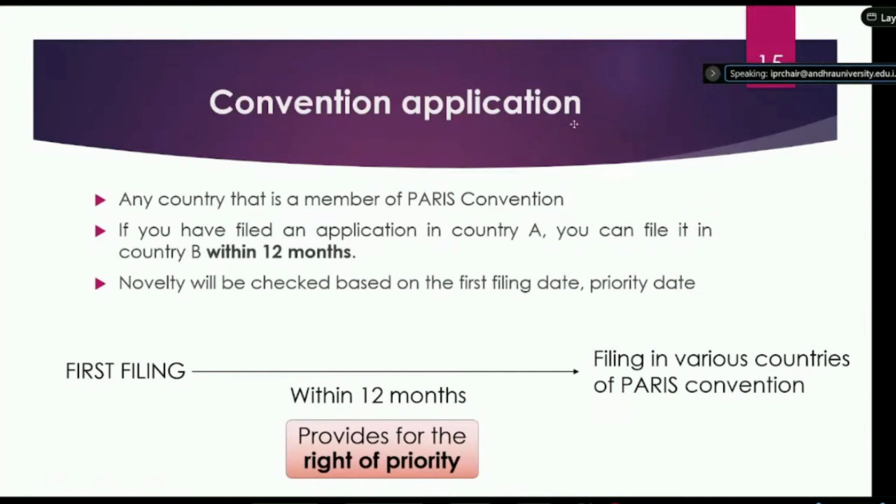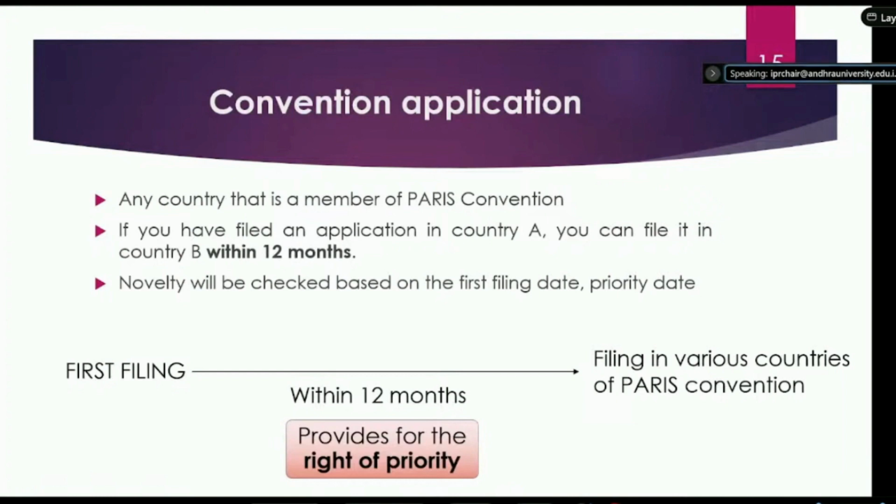Okay, so we will go to the next term that is called convention application. Any country that is a member of Paris Convention will be called a convention country. If you have filed one application in country A, that is a convention country, you can file it in country B, that is again another convention country, within 12 months. So this 12 months of window time is very important in case of Patent Act.